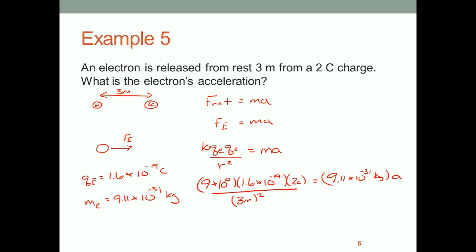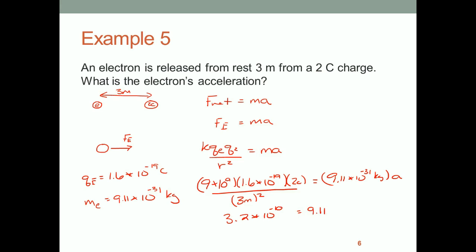To find this, the first thing I need to do is multiply everything on the left side of my equation together, 9 times 10 to the 9th, times 1.6 times 10 to the minus 19, times 2 divided by 3 squared. So that all works out to be 3.2 times 10 to the minus 10th.